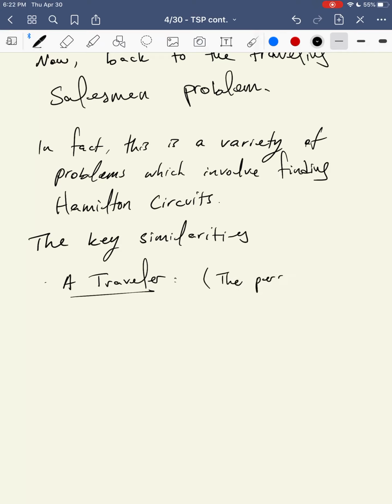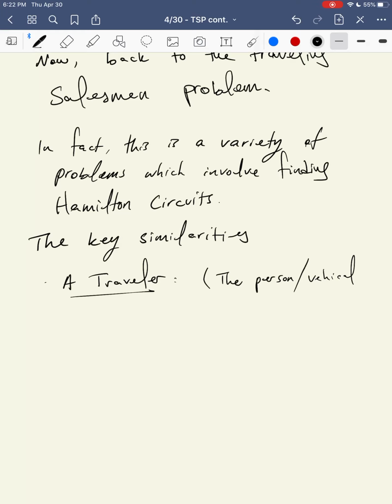The person or vehicle or even a bee, because I think I mentioned that bees actually pollinate flowers according to how they can optimally visit every flower efficiently, rather than just how quickly they see it, which I find quite interesting.